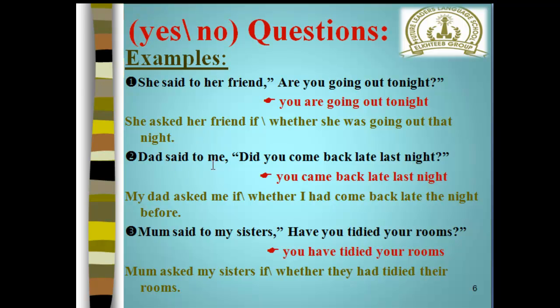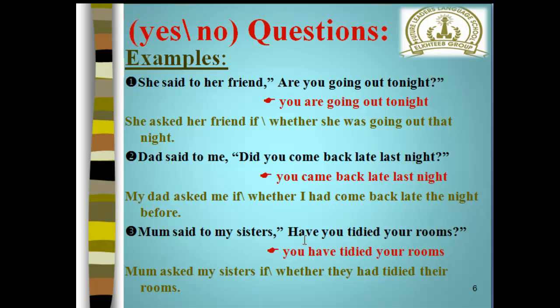Example 2: Dad said to me, "Did you come back late last night?" My dad asked me if or whether. "Did you come back?" Change it into a statement: "You came back." My dad asked me if I had come back late the night before. I changed came, past simple, into had come, past perfect, and last night into the night before.